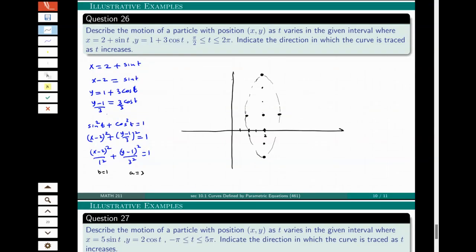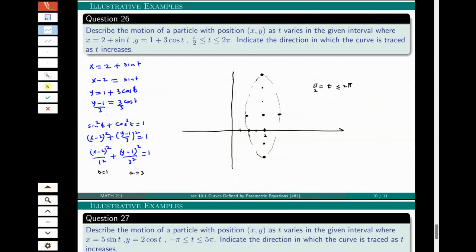Okay, now does it go through all the cycle? If we have t from pi over 2 until 2 pi, we will say no, it will not take all the cycle.